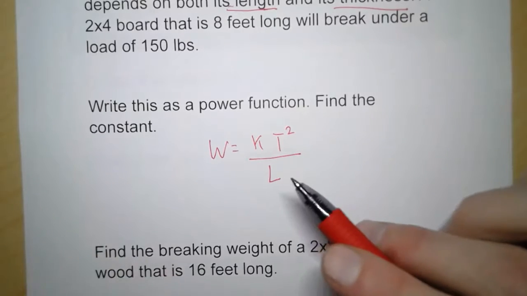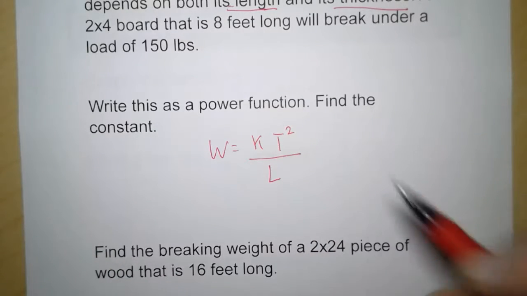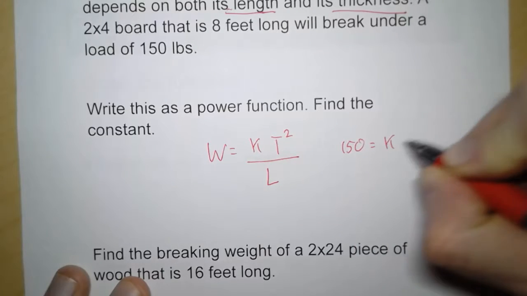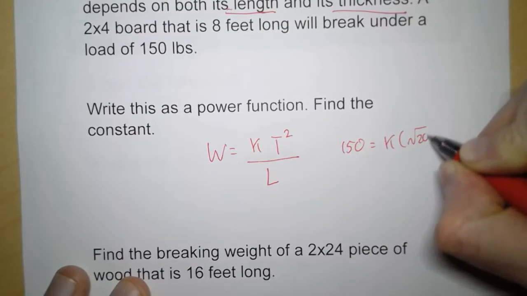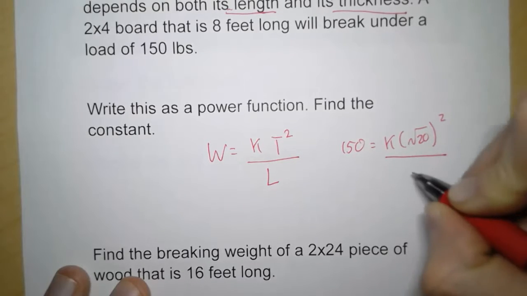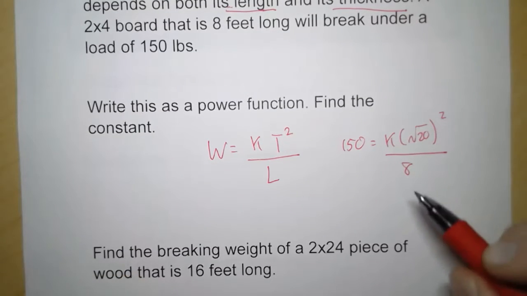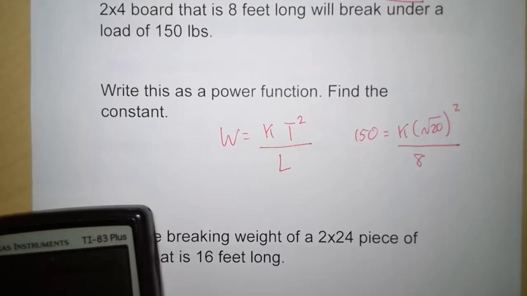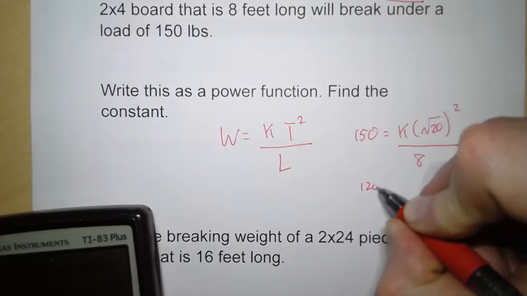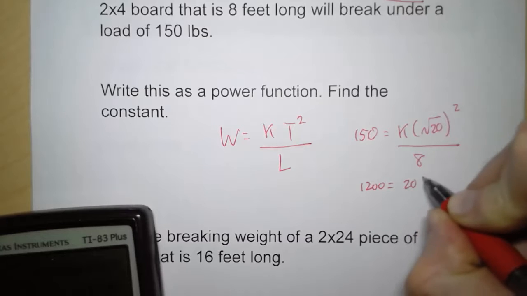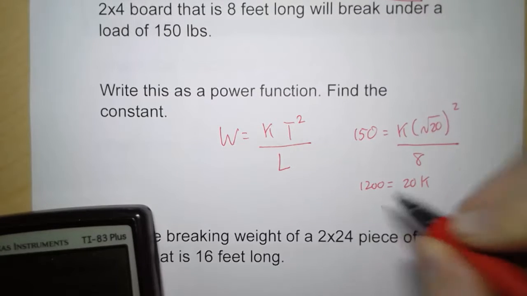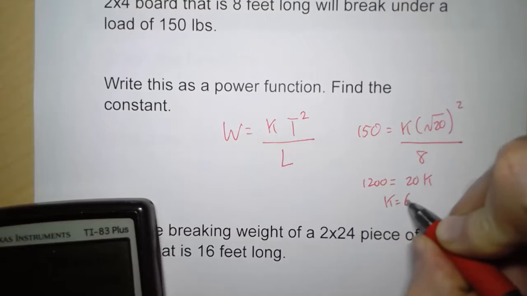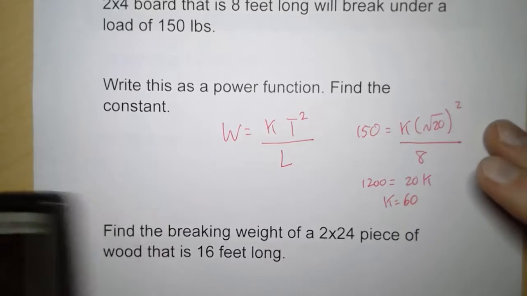So to find the constant, now we have to plug in the weight, which is 150, the thickness, which was square root of 20 that we used, and the length is 8. So we're going to multiply 150 by 8, and so we get 1200 equals 20K, and then divide by 20, and we get 60. So that is our constant.